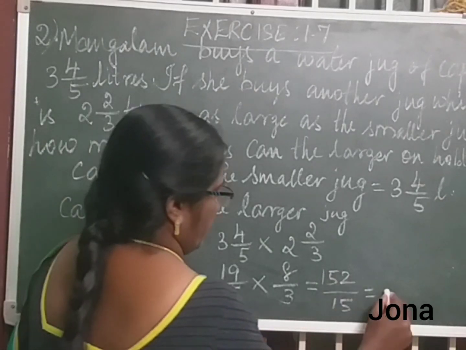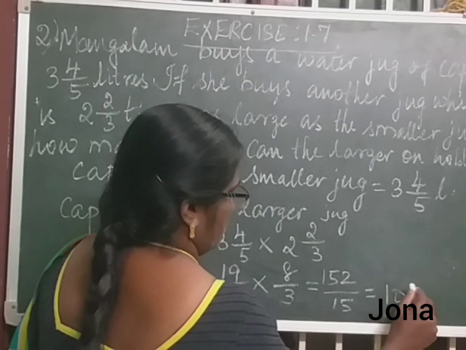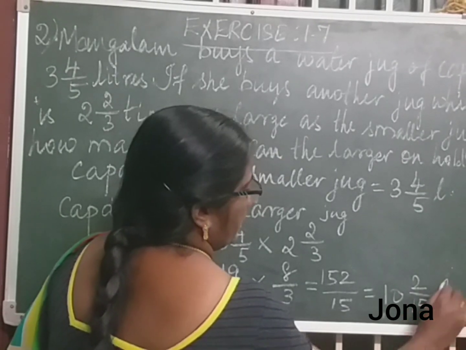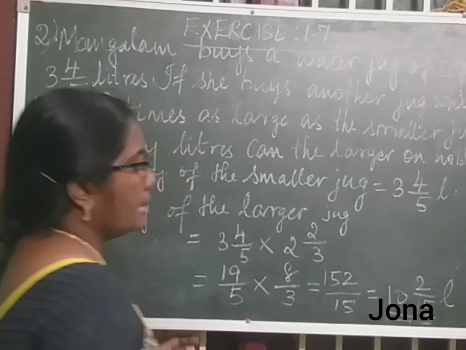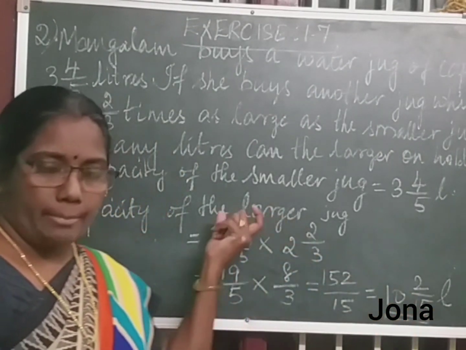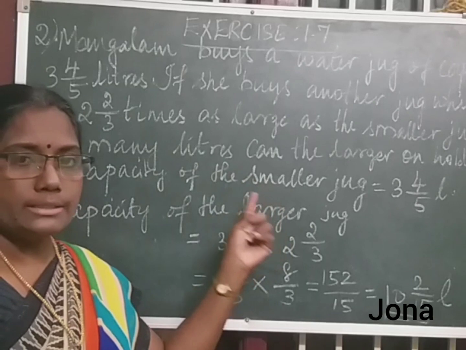How many times will it be there? 2 times, and the remaining is 8 by 15 liters. So 2 8/15 liters is the capacity of the larger jar.